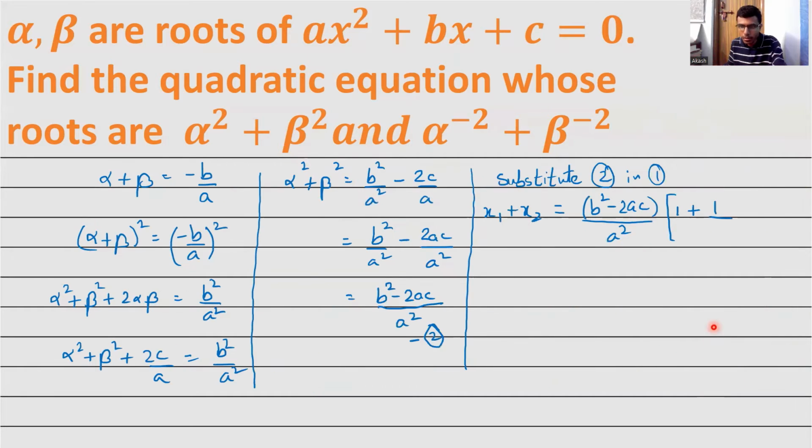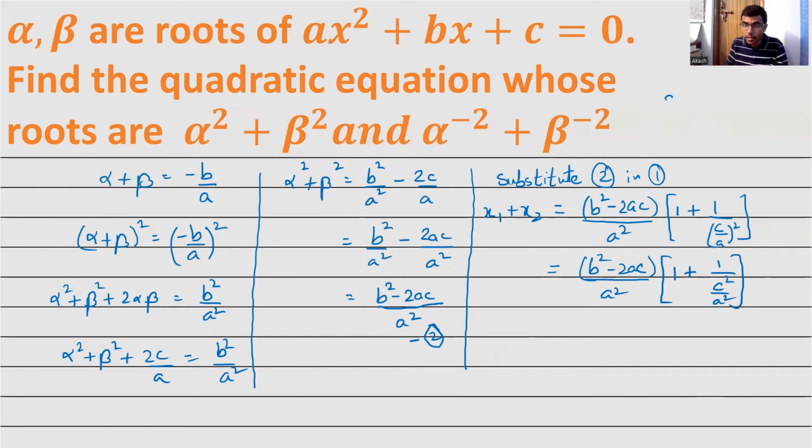So I get c by a whole square. Now this is nothing but b square minus 2ac divided by a square, let me keep the brackets as it is, into 1 plus 1 by c square by a square.